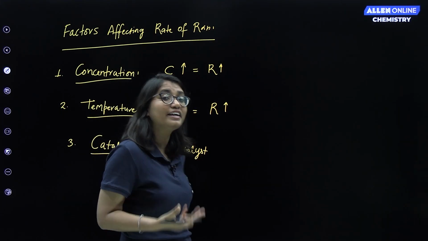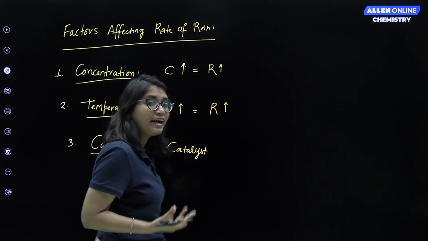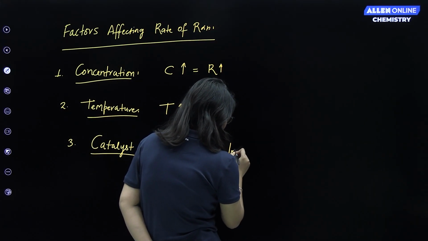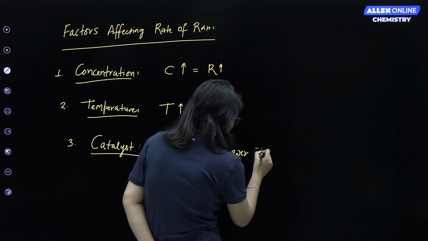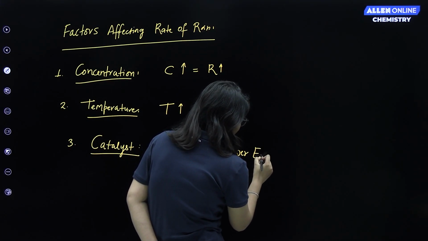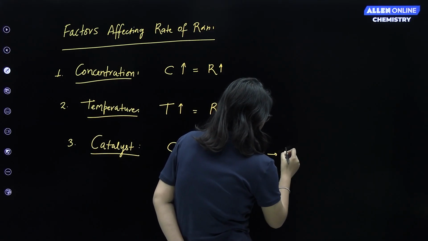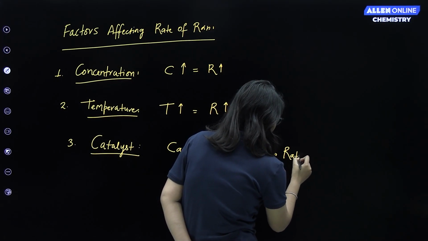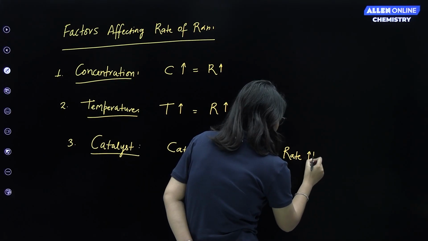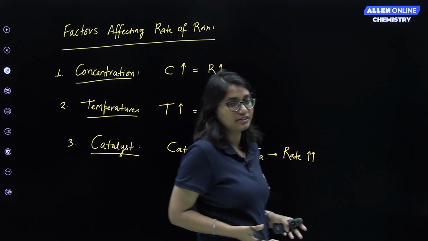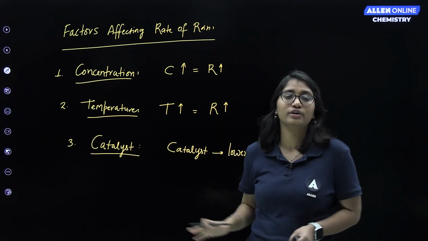It provides an alternative pathway with lower activation energy. Activation energy is denoted by Ea. Lower activation energy means the rate of reaction will increase. Among all these factors, concentration plays a central role in rate law.